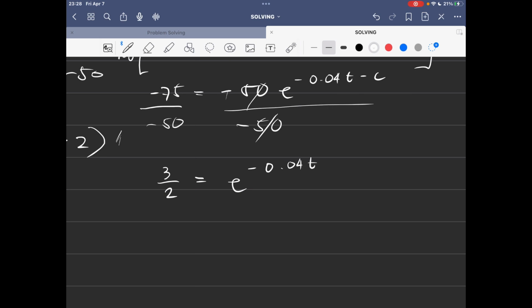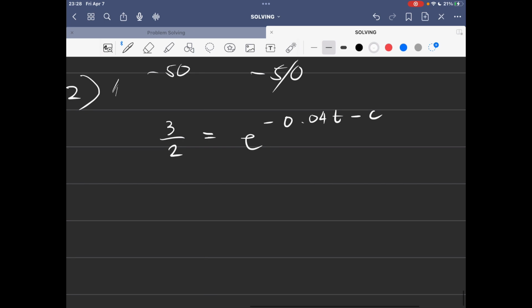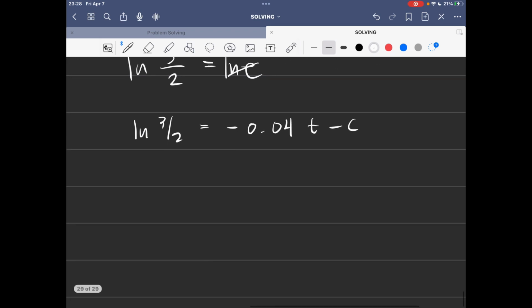So to get rid of e, we can use ln. So ln of 3 halves is equal to negative 0.04 t minus c. And then we can simplify.